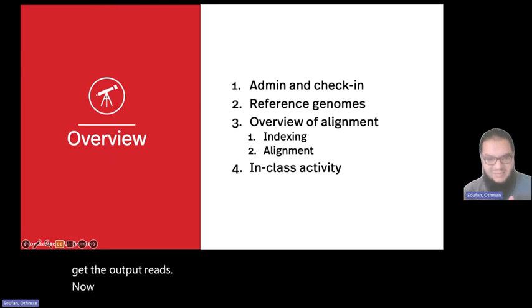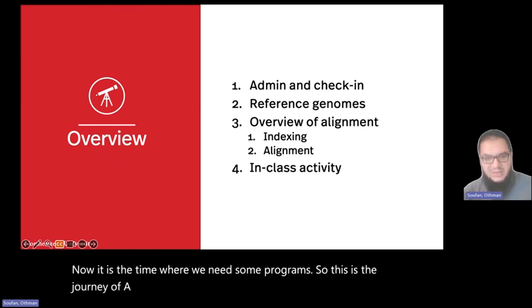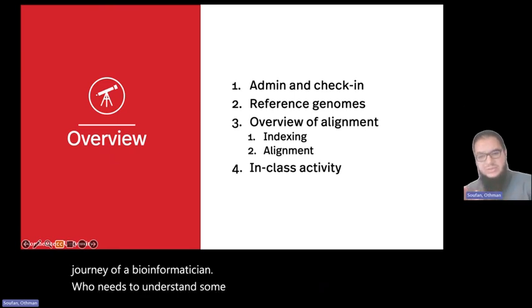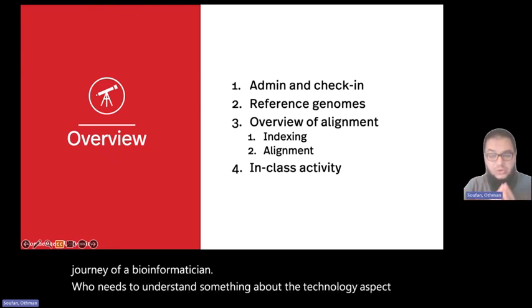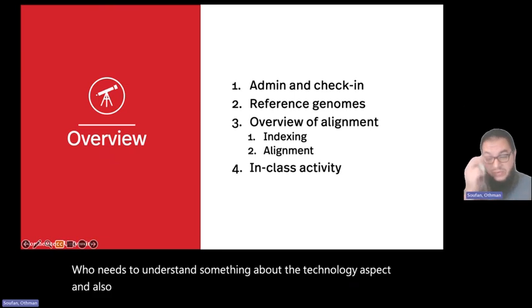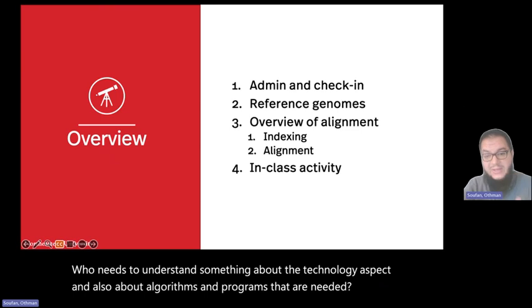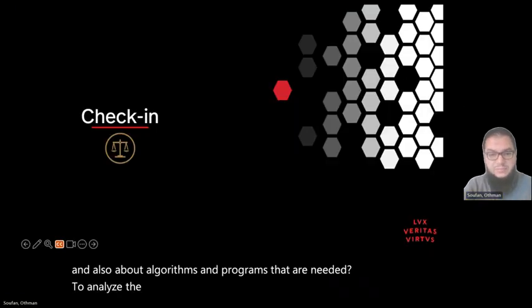Now it is the time where we need some programs. So this is the journey of a bioinformatician, who needs to understand something about the technology aspect, and also about algorithms and programs that are needed to analyze the data.